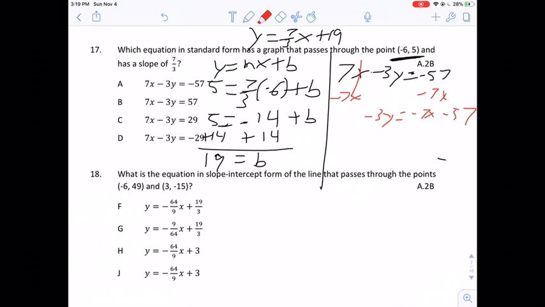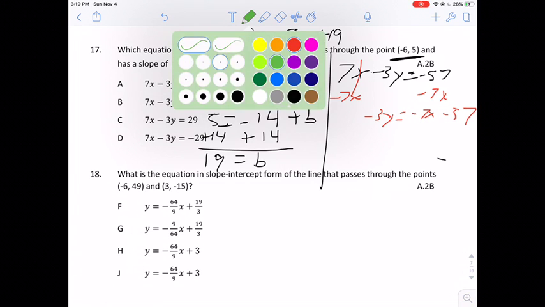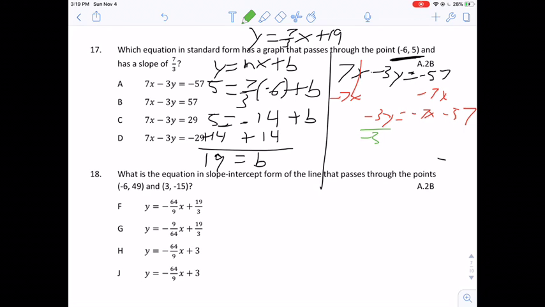I am going to divide by negative 3, and I have y equals 7 over 3 x, and negative 57 divided by negative 3 is going to be positive 19.